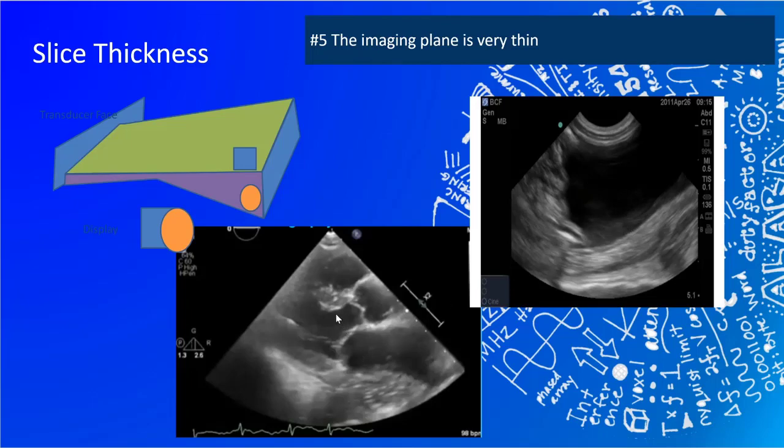What we are catching is something that sits within the width of the beam and then being displayed within our picture. So the machine is assuming that the imaging plane is very thin. Everything that we are getting in our picture is coming from a very thin source, but in reality we are actually catching some extra information outside of what we are visualizing.